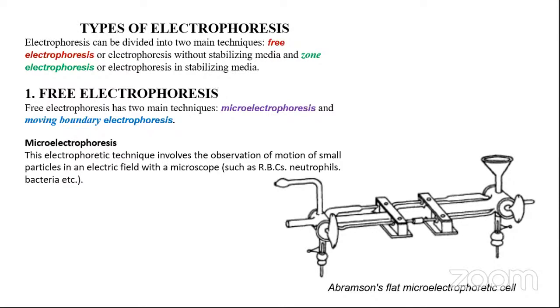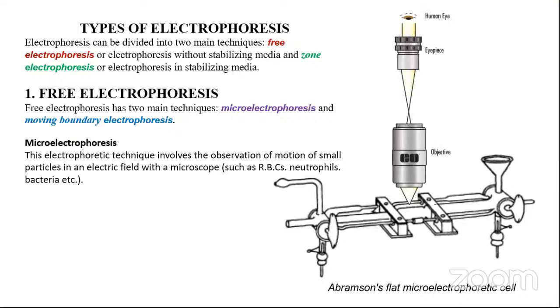Nobody uses it these days, but it was developed for a peculiar purpose, and that purpose also we discussed in the last class. In this electrophoretic apparatus, at the central portion, there is something like a slide shaped electrophoretic cell, inside which you carry out electrophoresis of certain microscopically observable components or particles which bear a certain degree of charge.